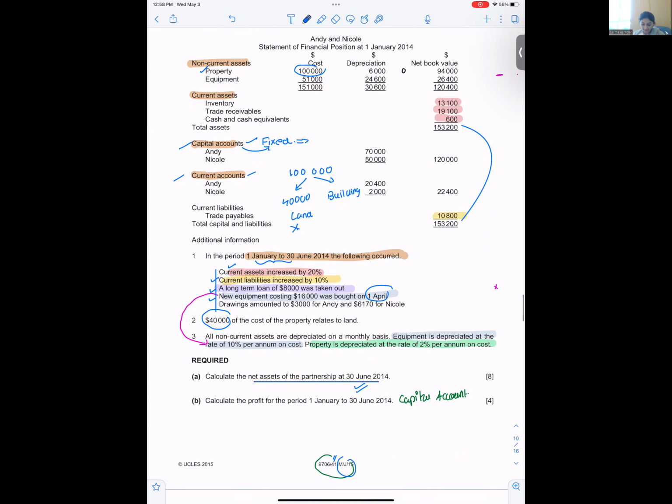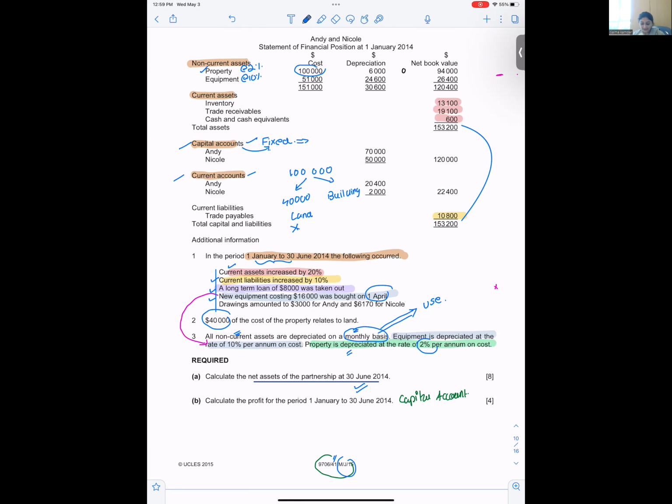They are saying that all of your non-current assets are depreciated on a monthly basis. That means you are going to depreciate your assets based on use. Equipment is depreciated at the rate of 10% on costs, and property is depreciated at 2% on costs.